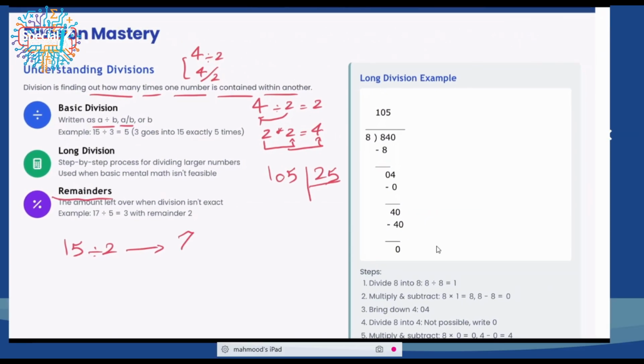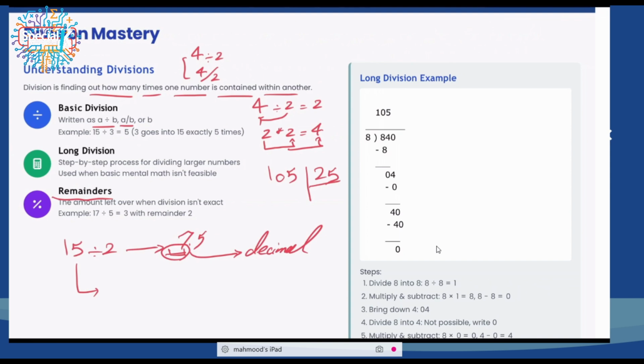15 divided by 2 is 7.5, but it's not a number that I'm looking for, because most of the time when we are talking about divisions, we are talking about getting a whole value, an integer. For example, number 7, not 7.5, which we maybe know as a decimal point. So at this point, we say that we do have remainders.